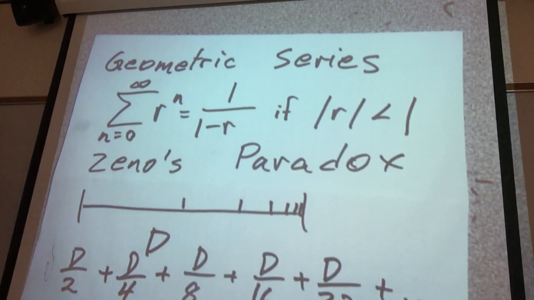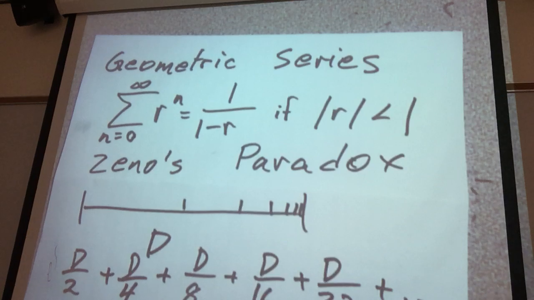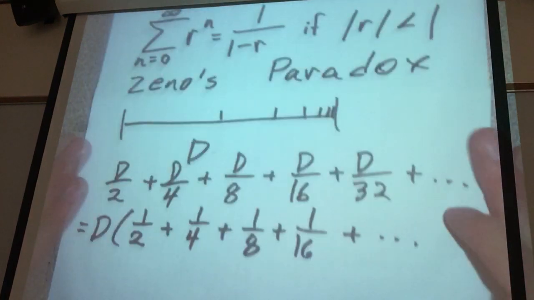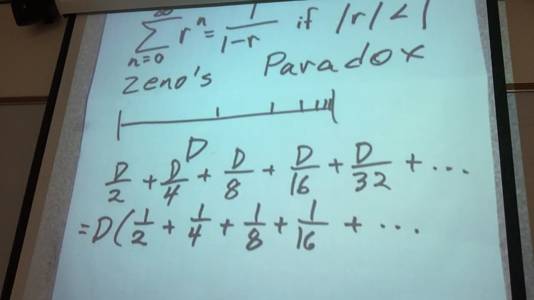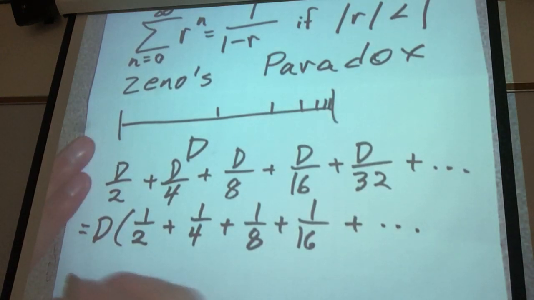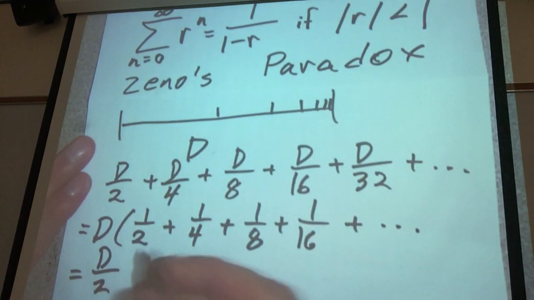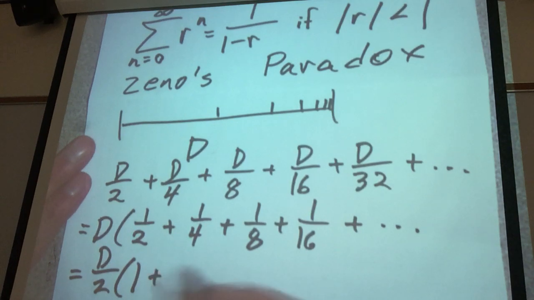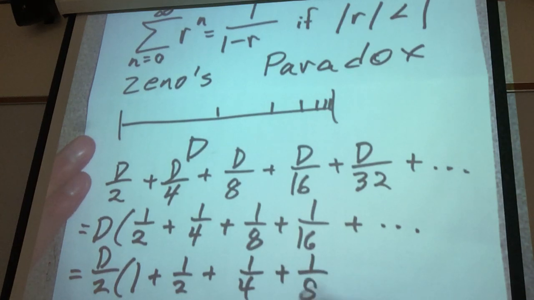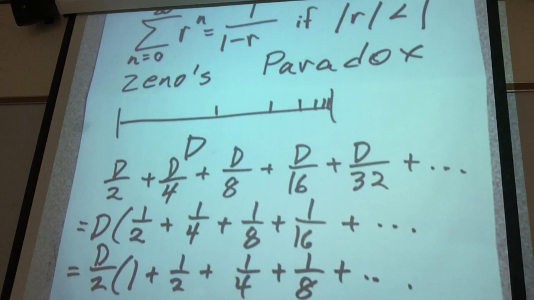So what I can do is pull a 1/2 out of everybody. So this would equal d divided by 2 multiplied by 1 plus 1/2 plus 1/4 plus 1/8 plus dot, dot, dot.